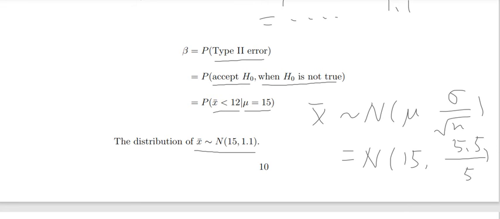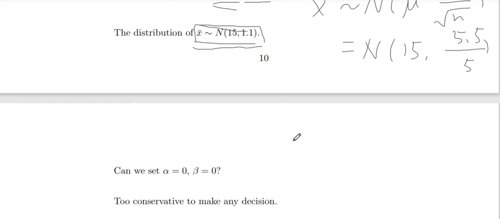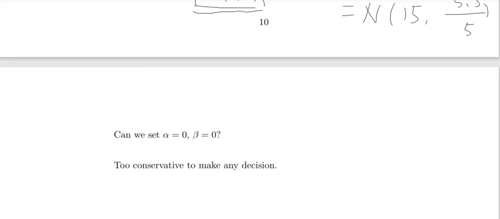So in this case x bar follows this normal distribution, and the mean becomes 15, right? Then find this probability, x bar less than 12.